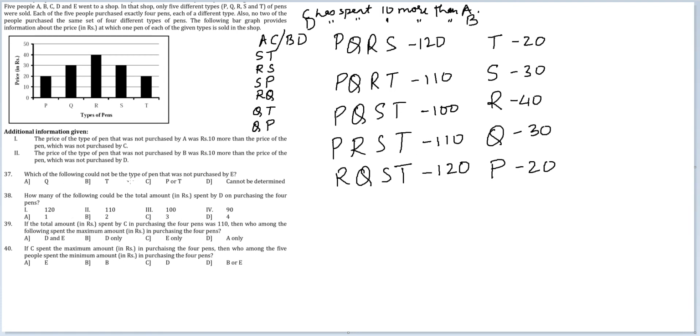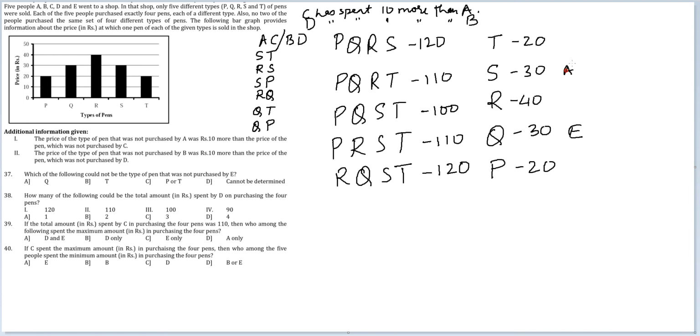Which of the following could not be the type of pen that was not purchased by E? Okay. Can I get E to purchase Q? If E is here, now I need to place A and C somewhere. I can get A here, C here, but then BD cannot be placed.